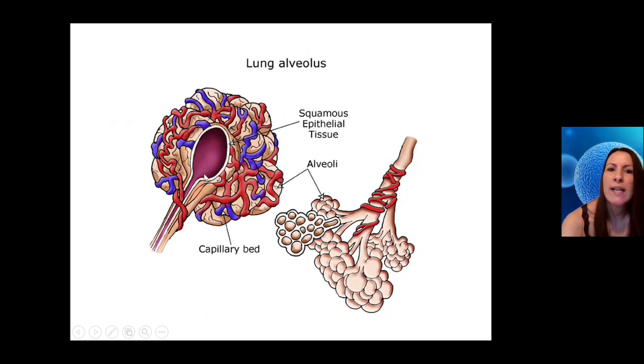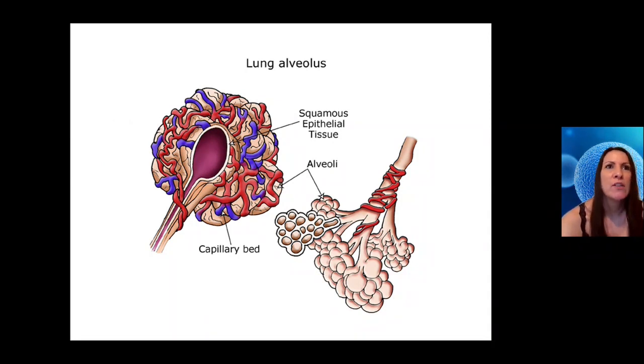Why would we want the alveoli to have such a thin layer? It's because the gas is moving by diffusion, and diffusion is a type of transport which doesn't require energy. The only transport I mentioned earlier that required energy was active transport, which requires energy in the form of ATP, whereas osmosis, the movement of water molecules, and diffusion, the movement of all other molecules, are passive processes. They occur naturally wherever there's a difference in concentration between two areas.